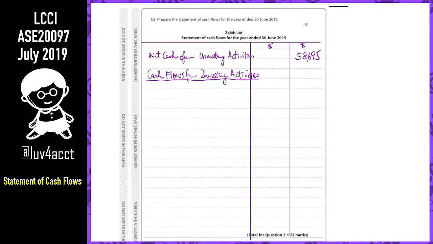Okay, we have a disposal, we have a purchase. Okay, so add proceeds from disposal of non-current asset. Okay, and then less payment to acquire non-current asset. We don't have any other item, I think.